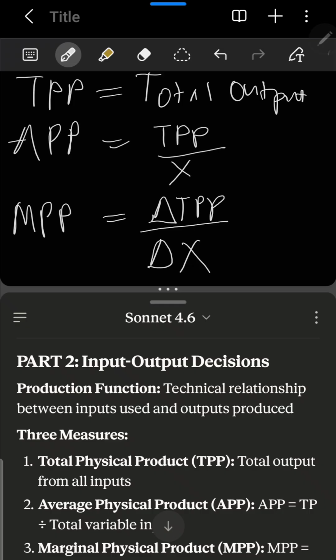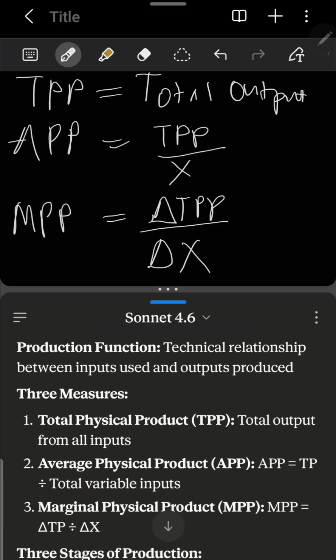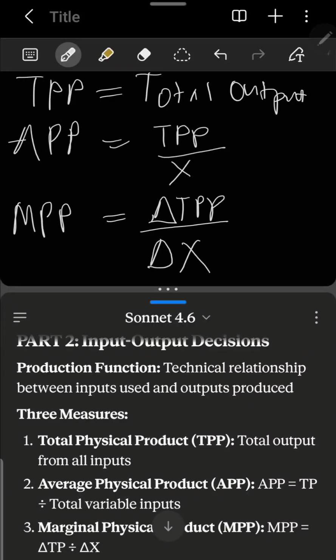We are going to use this to understand something important. Total physical product is simply your total output. Then average physical product is the ratio of total physical product to inputs. On average, for every 10K I put in, I get 60K.